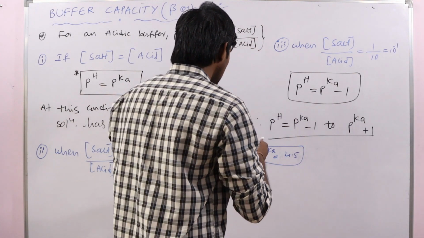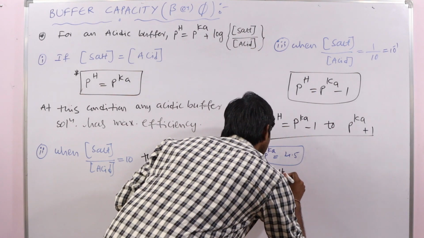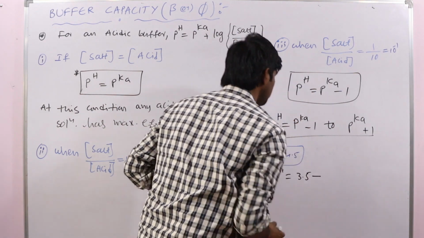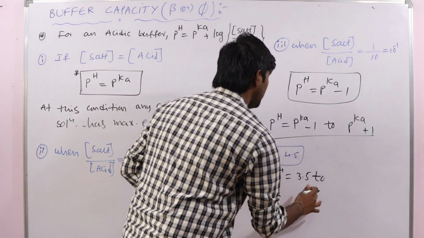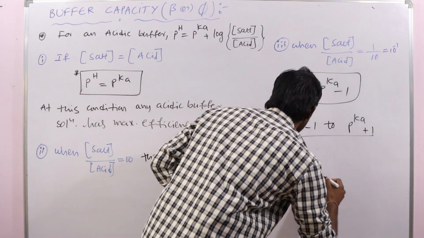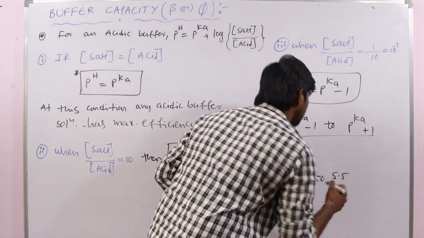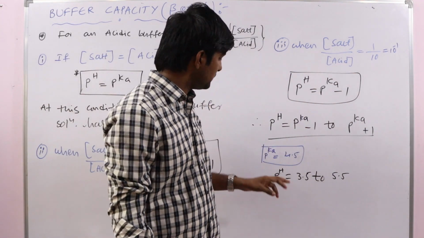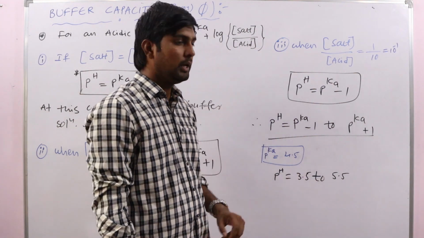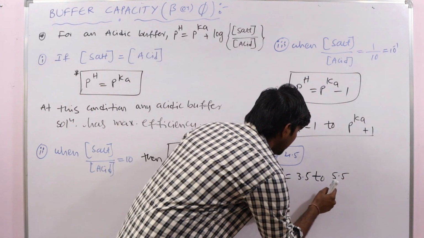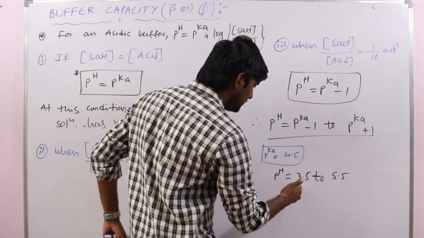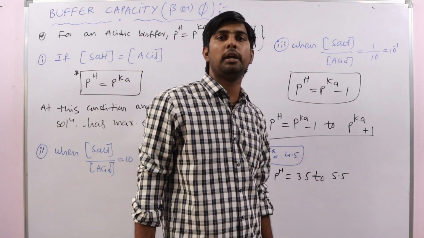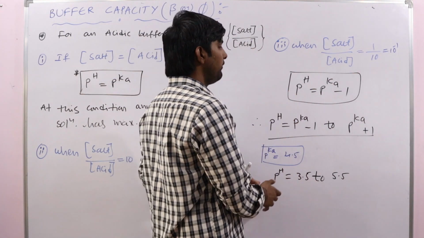How can we calculate? pH equal to 4.5 minus 1, how much? 3.5, to 4.5 plus 1, that is equal to 5.5. So for the acid present in a buffer solution with pKa equal to 4.5, its buffer range is 3.5 to 5.5. Before this value or after this value, it cannot work as a buffer solution efficiently. Clear? So this is about the buffer range.